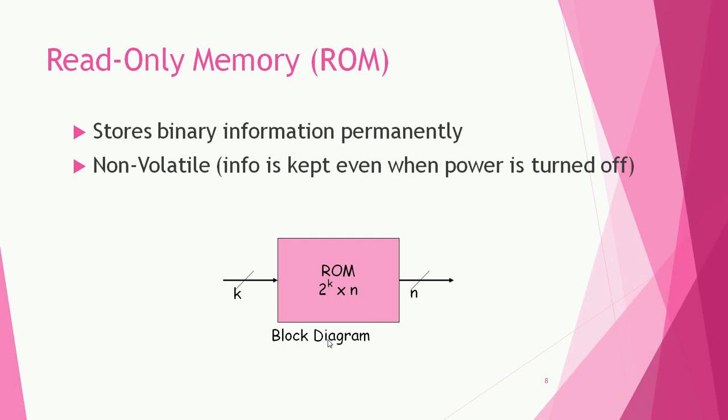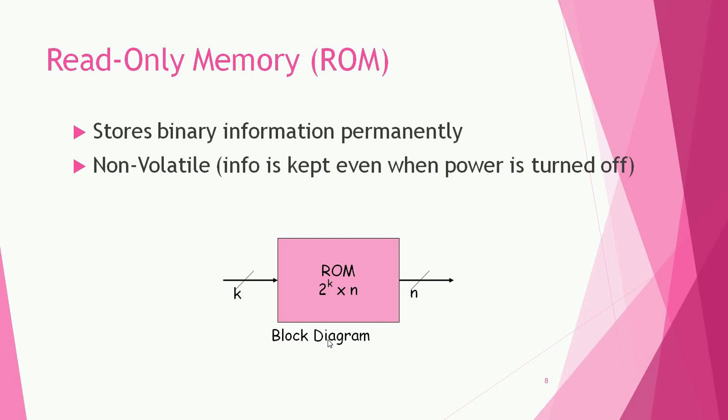Small n indicates the data bits, the data lines. At every location we can store n-bit data. That means if address lines are 3, so k is equal to 3, and small n is equal to, let us take the example of 16, then 2 raised to 3 means 8 locations, and at every location we can store 16-bit data.